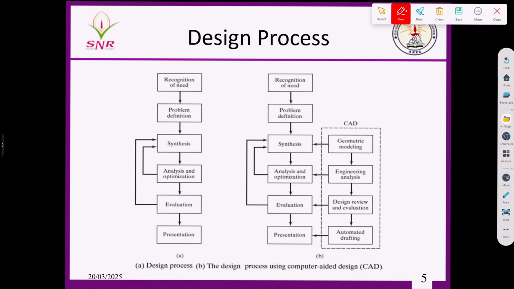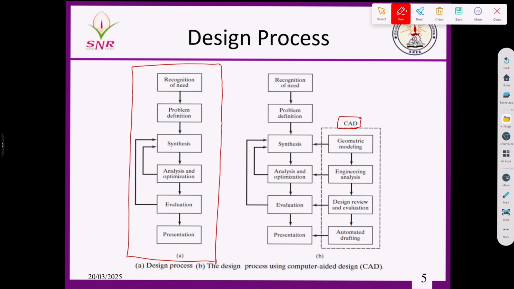These concepts were used earlier, but nowadays people prefer to use CAD based applications for simplified usage of this design process. We will discuss the conventional design process as well as the CAD integrated design process.